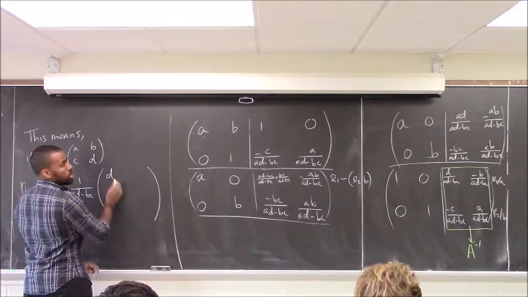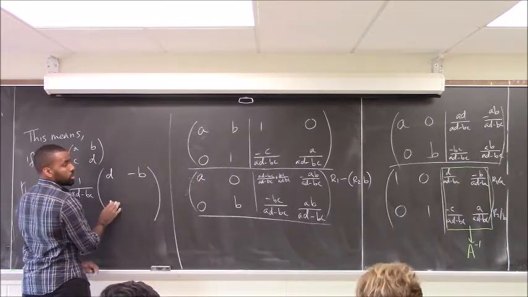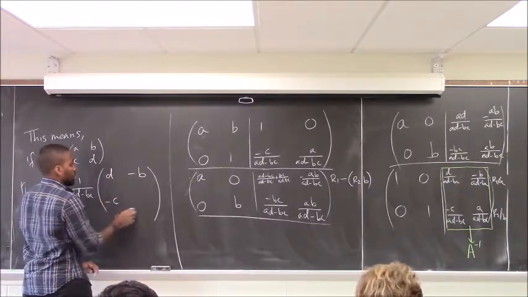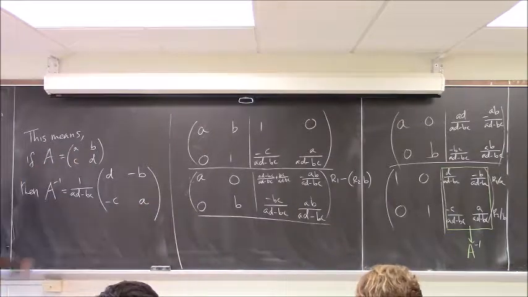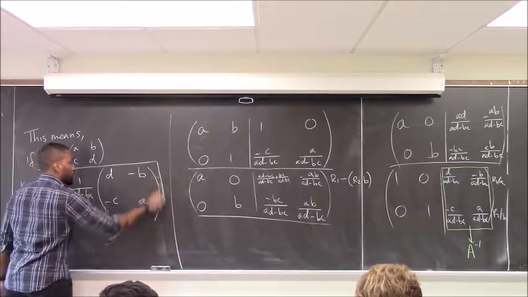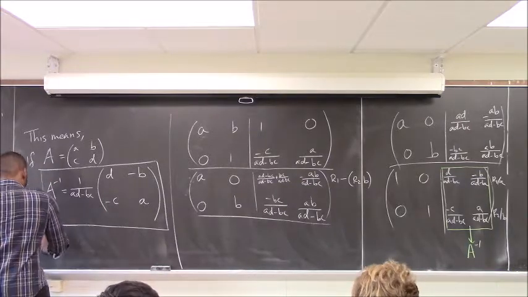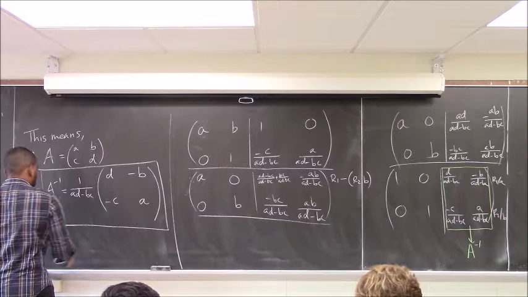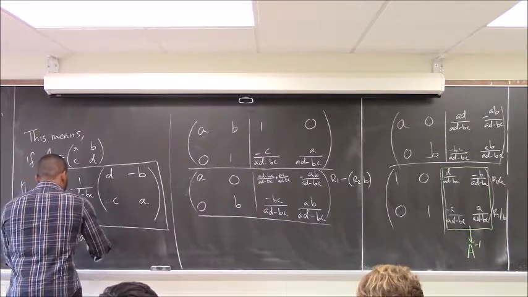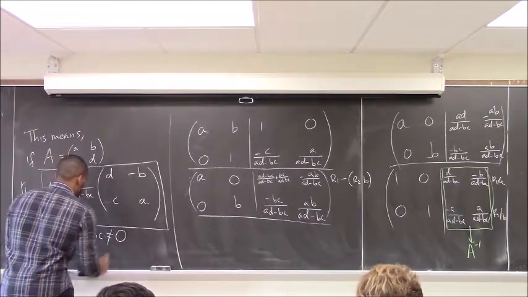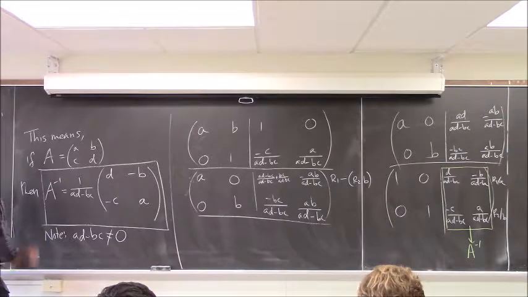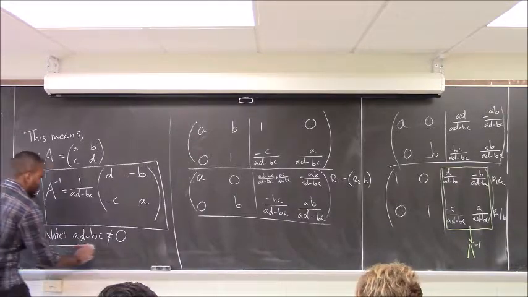It's going to be D, minus B, minus C, and A. And that's actually the formula. And now I want you to note AD minus BC cannot be 0. That's actually an important note. I'll put that in the box as well.